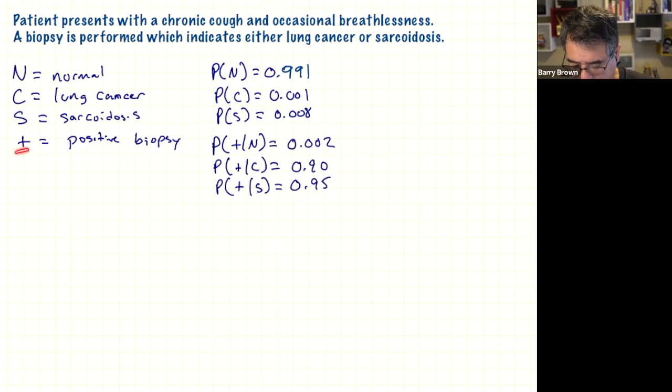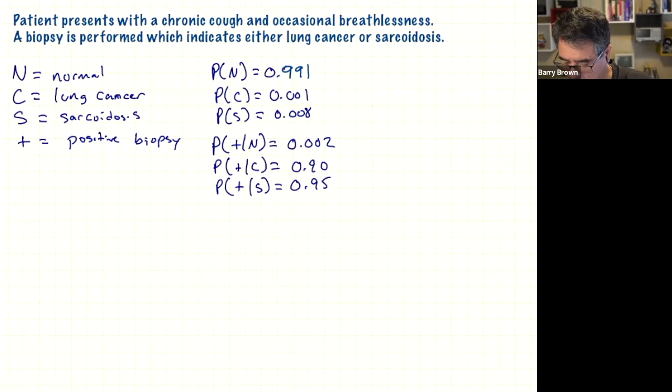And then we've got this test that either comes back positive or negative. Based upon an analysis of the overall population, we know that the probability that you don't have either of these two conditions is 0.991. The probability of having lung cancer is 0.001, and the probability of having sarcoidosis is 0.008. And the probability of the biopsy coming back positive, given that you don't have anything going on, is 0.002.